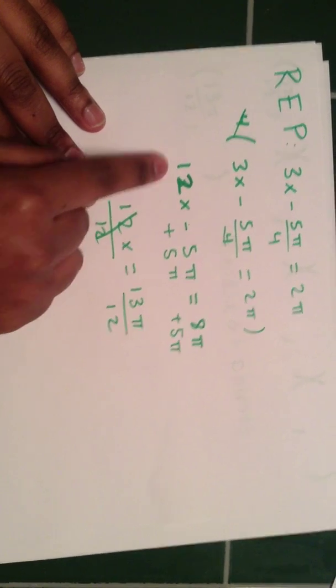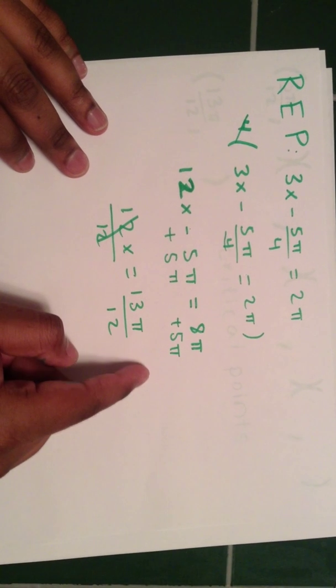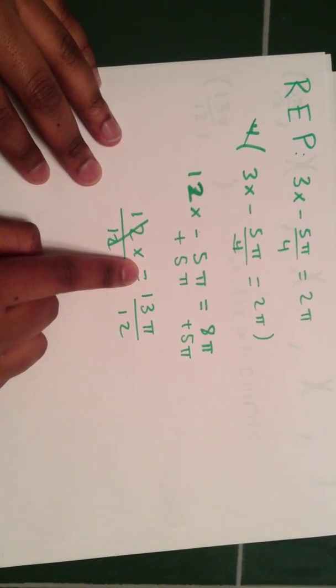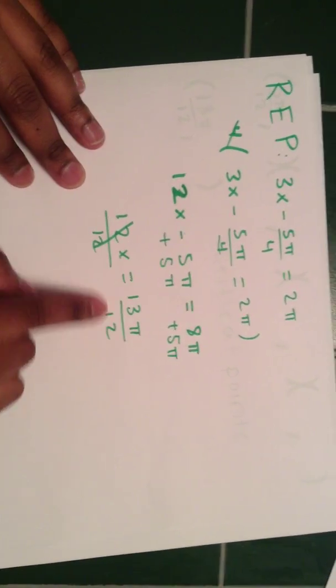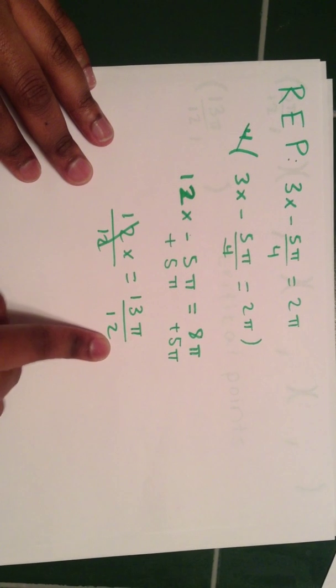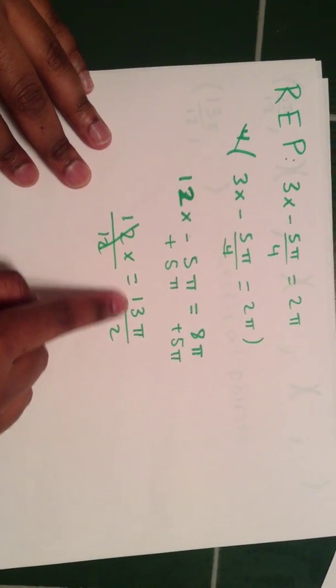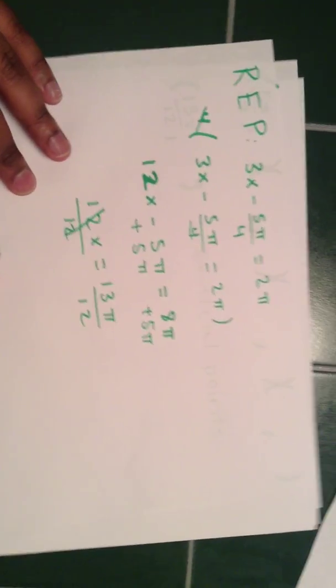To get 12x by itself, you have to add 5 pi to both sides. Then you will get 12x equals 13 pi. To get x by itself, divide by 12 on both sides. X equals 13 pi over 12. That is your right endpoint.